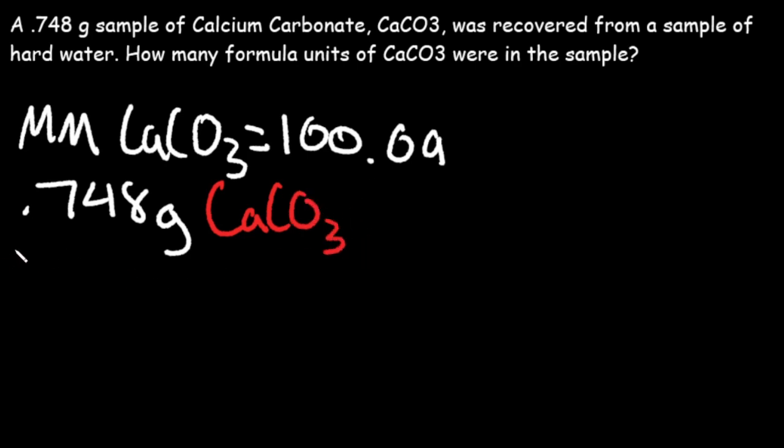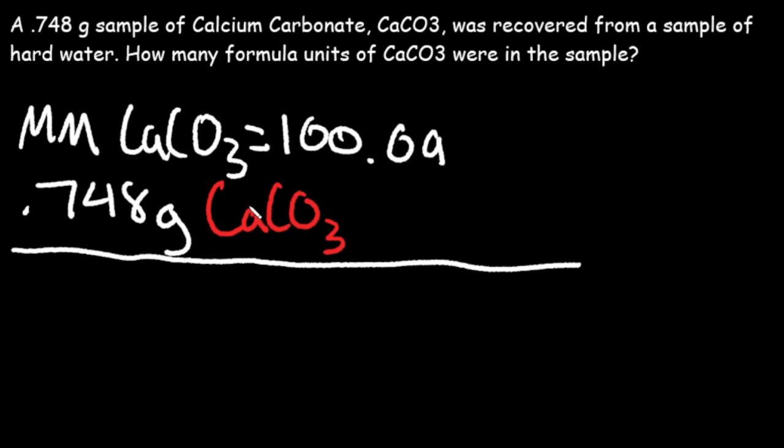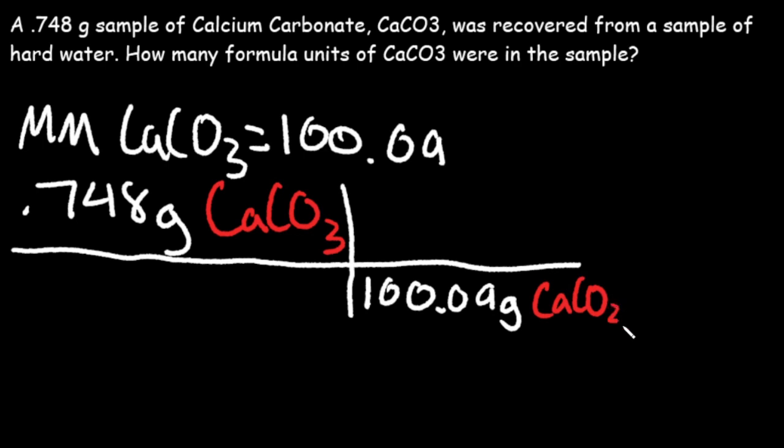So we just start off with some simple dimensional analysis. We're going to convert from grams to moles. So in 100.09 grams of calcium carbonate is 1 mole of calcium carbonate.